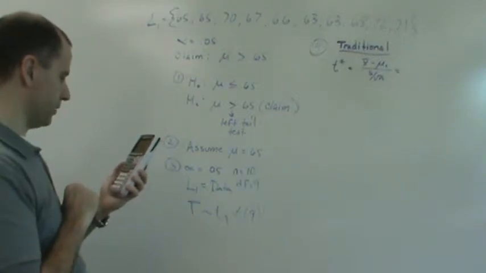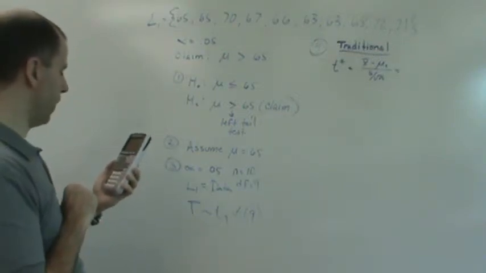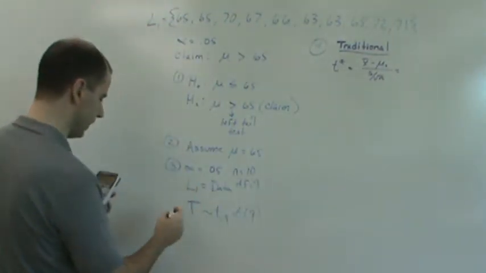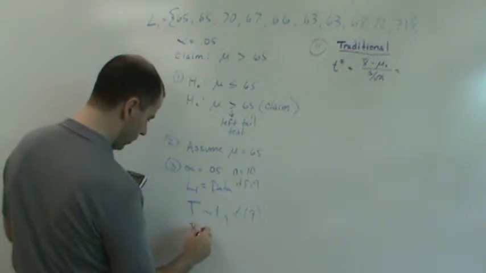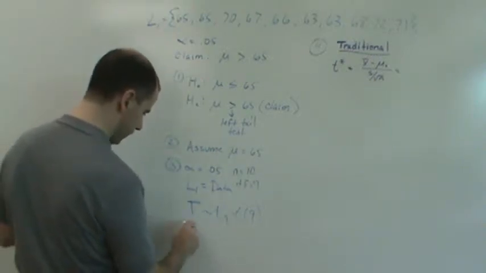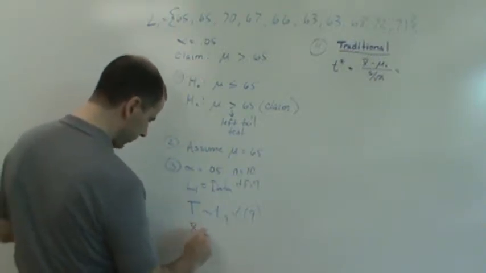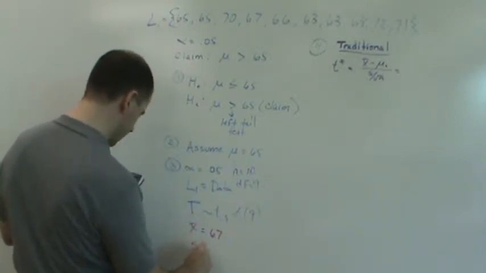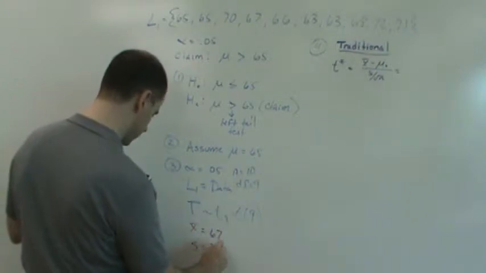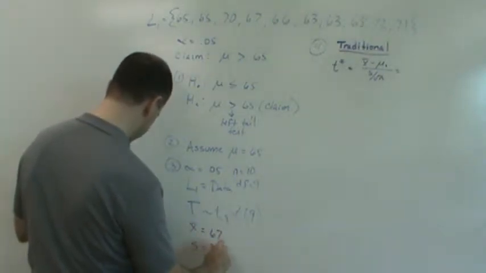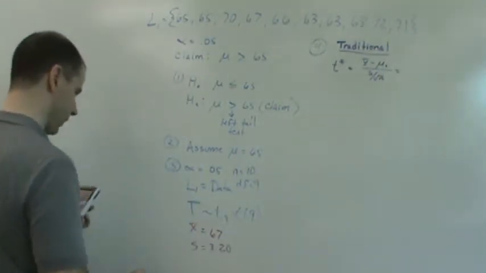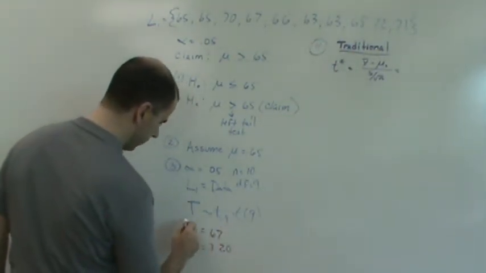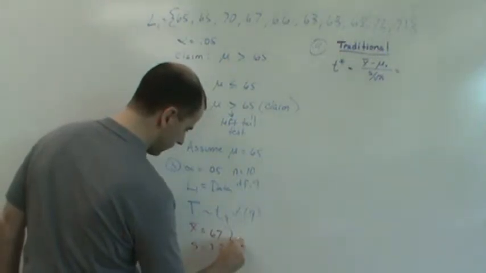So x bar from my one-variable stats is equal to 67, and s is equal to 3.20 if you round it to the hundredths place. I got all of this from one-variable stats on my calculator.